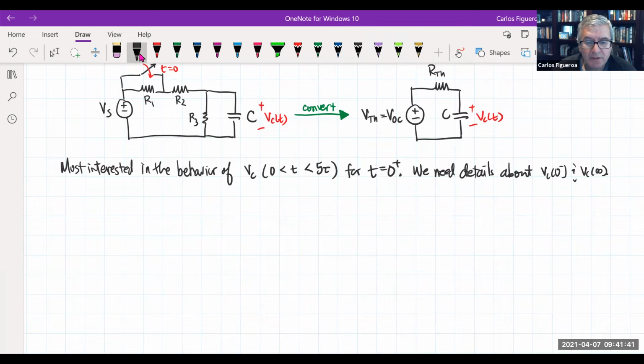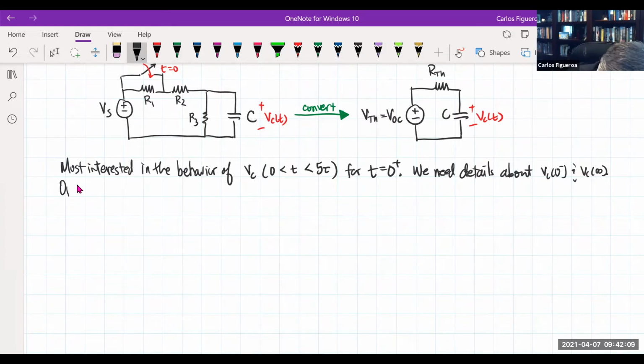Because what we do then is that when I look at what happens when the switch is thrown, I know where the capacitor starts, and then I know where the capacitor ends. So it's really how this thing is either charging up or discharging that becomes important here. And so what I'm really saying here is that you're going to get something like this.